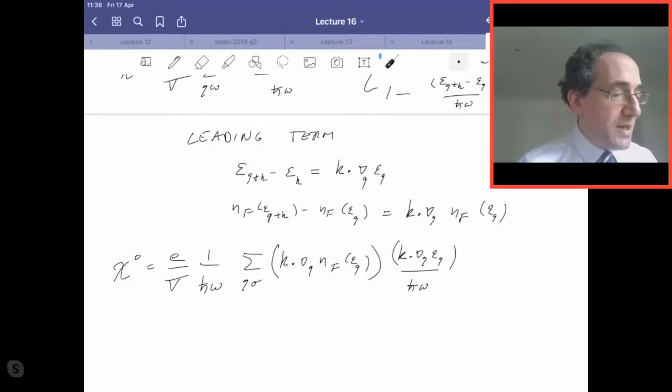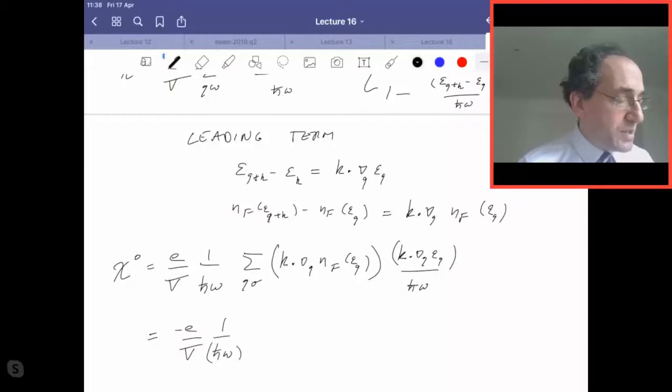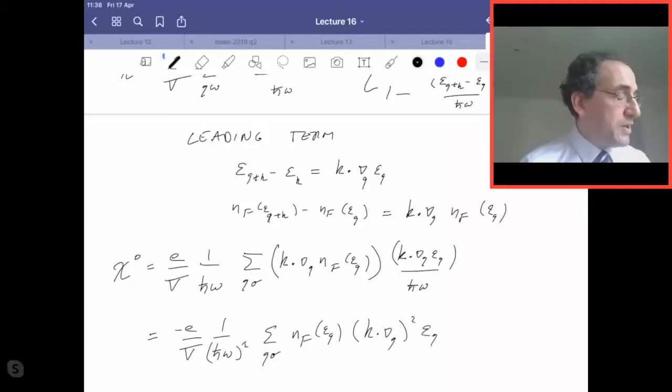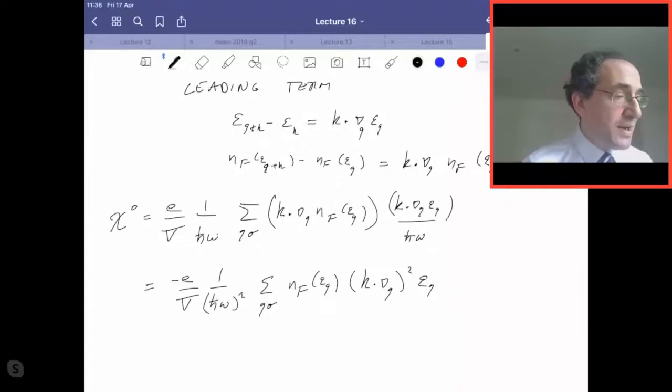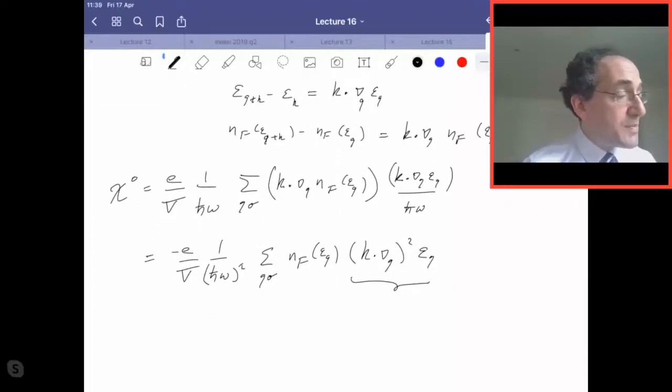This gives me minus e over volume, 1 over h bar omega squared, sum over q and sigma of n_F of epsilon_q, times (k dot gradient_q) squared of epsilon_q. Since epsilon_q here is quadratic in q, this term is just going to give me a scalar, and the scalar is h bar squared k squared over 2m.